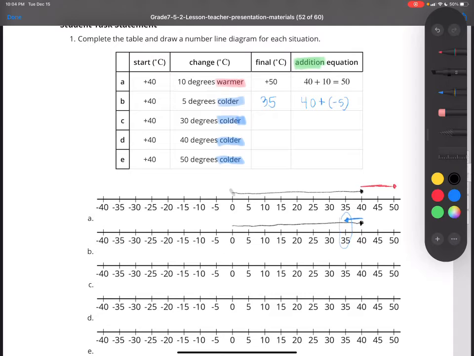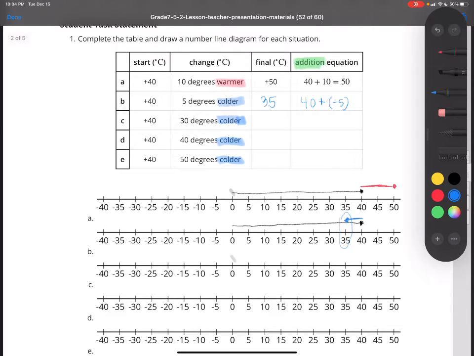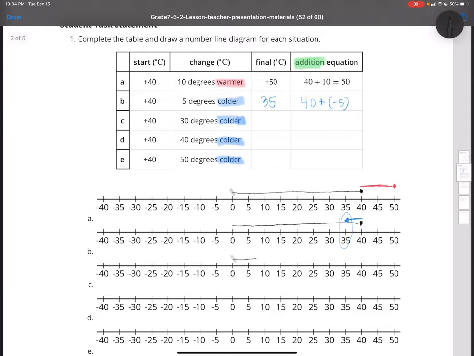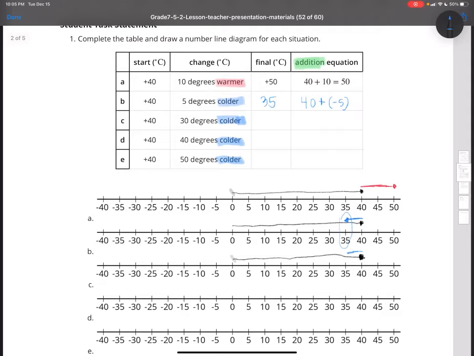Okay, so let's look at part C. Part C, I want to start off at 0, which I still have my highlighter. Starting off at 0, and we're going to the magic number, which is 40. Okay, and then it says it got 30 degrees colder, okay? So we're still going left, so it's 5, 10, 15, 20, 25, 30.